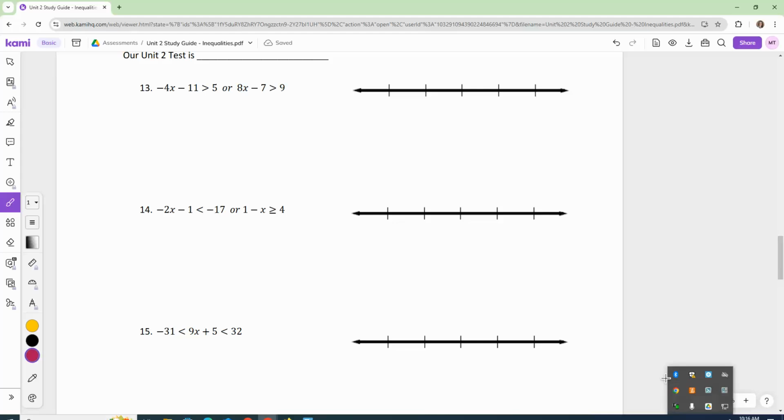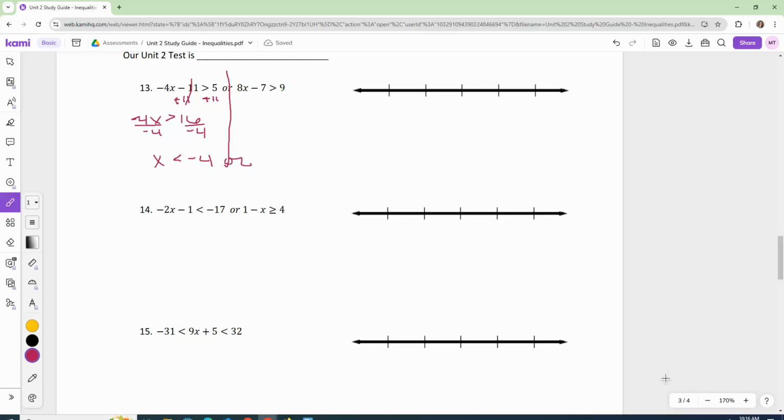Riley, tell me what I did. It's like two separate problems we're solving. So in this one, we get negative 4x is greater than 16. When I divide by a negative, we get x is less than negative 4.